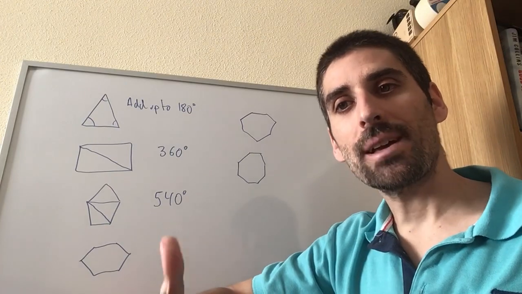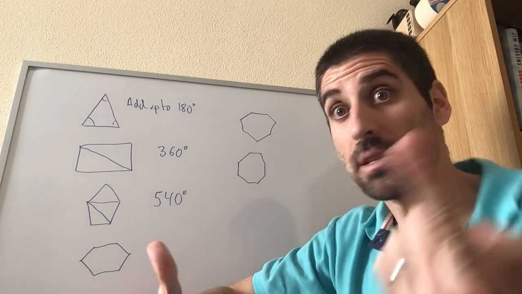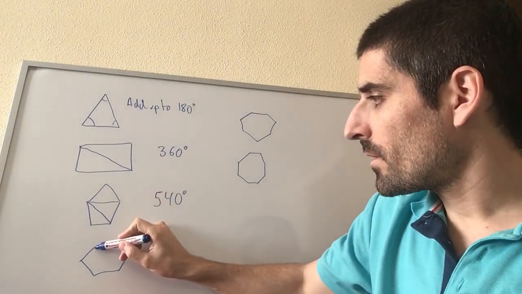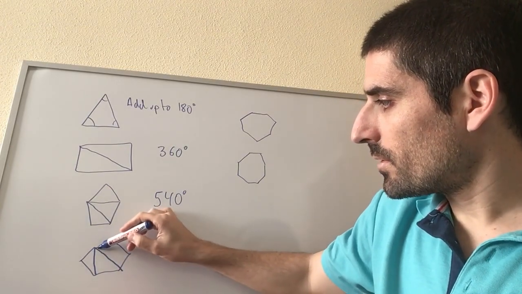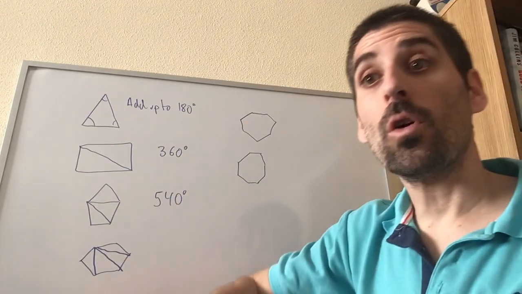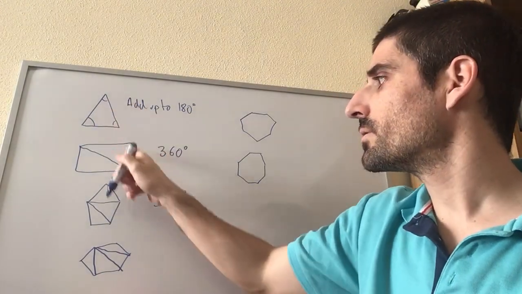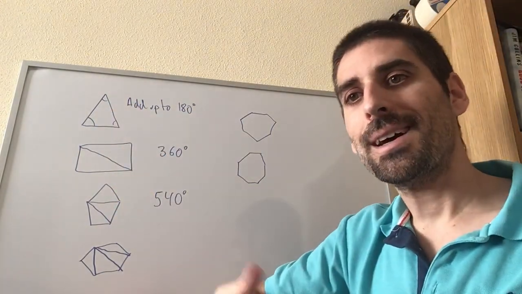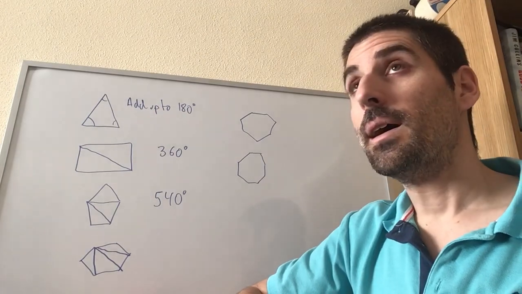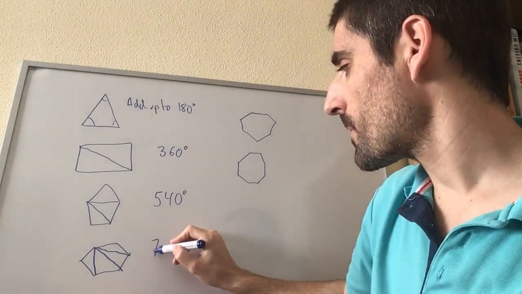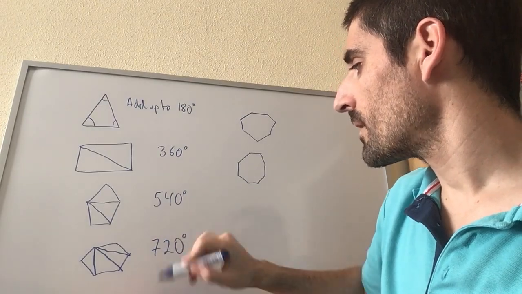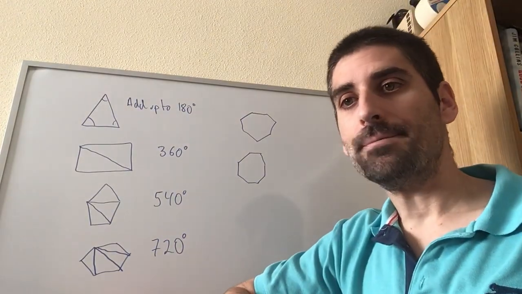Into how many triangles can I split it? Let's find out. There'll be 1, 2, 3, 4 triangles, 180 each. 180 times 4 is 720 degrees.